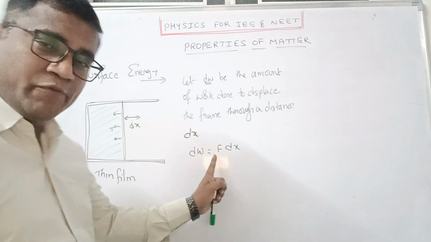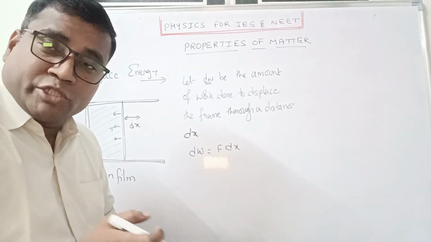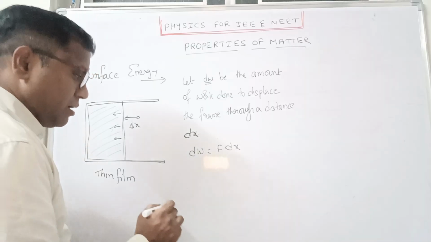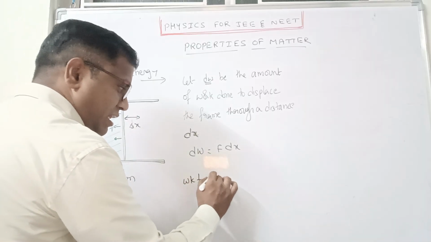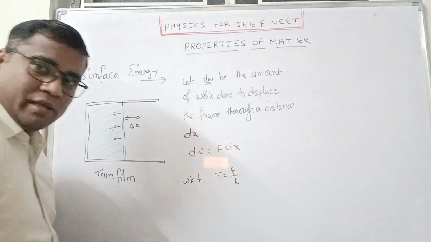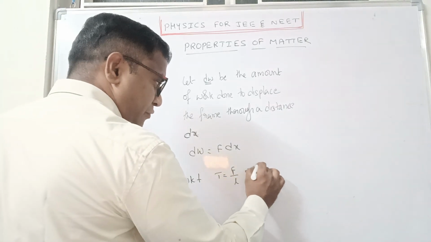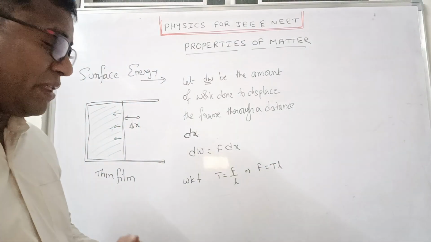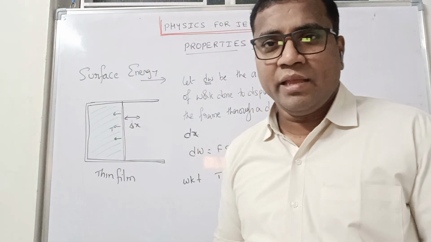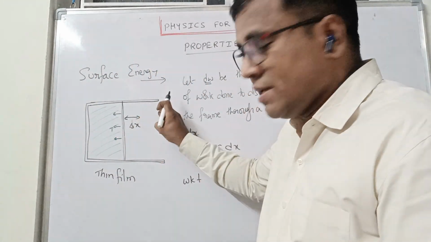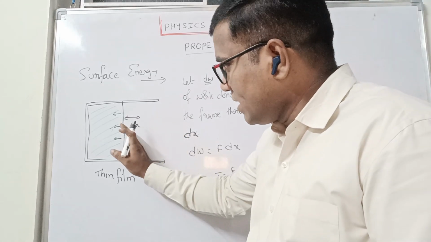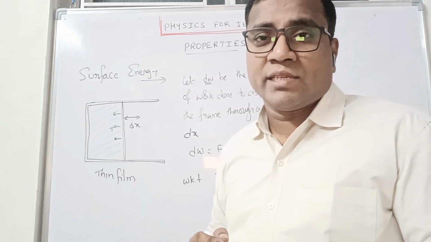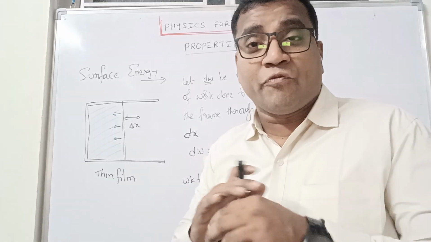Clear? Now this force should be equal and opposite to the tension force. Due to tension, whatever force is developed, that force you have to write. We know that tension is nothing but force upon length. So F is equal to T into L. Now one thing we have to understand: when I am displacing through a distance dx, the tension force will act on the free surface, as I already told you in the last classes.